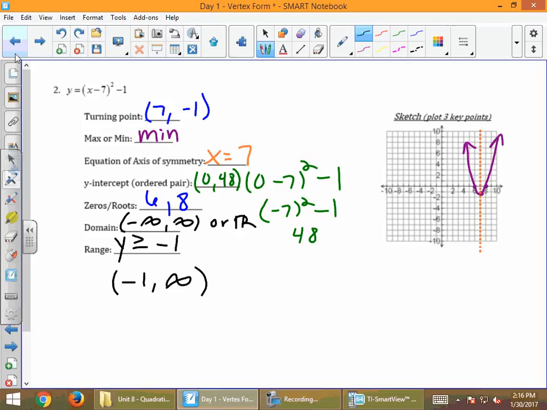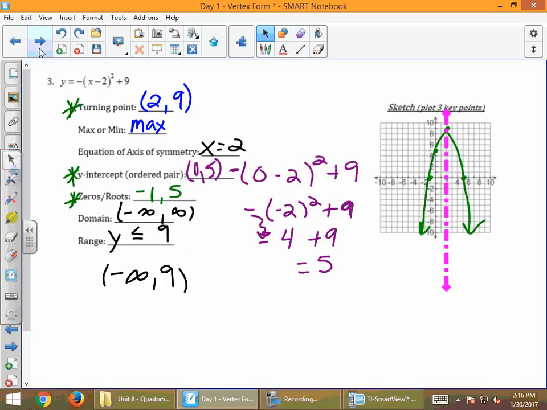You really don't even have to be able to graph it to figure out your range. It's nice to get a good visual, but that number is going to be the y value of your turning point. That's a good way of checking, to make sure you have it right. These numbers should match. If it opens up, it's going to be greater than or equal to that number. If it opens down, it's going to be less than or equal to that number. So you can know your range without even looking at a graph of the quadratic. Questions?